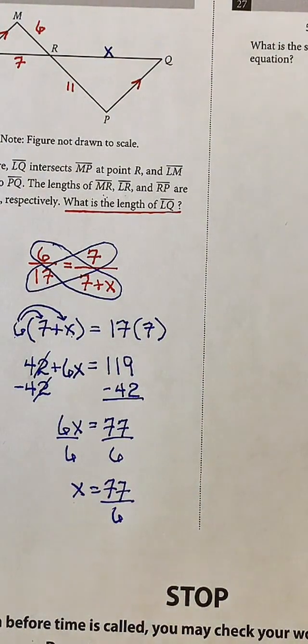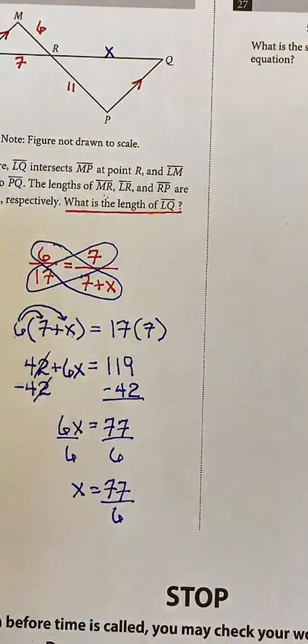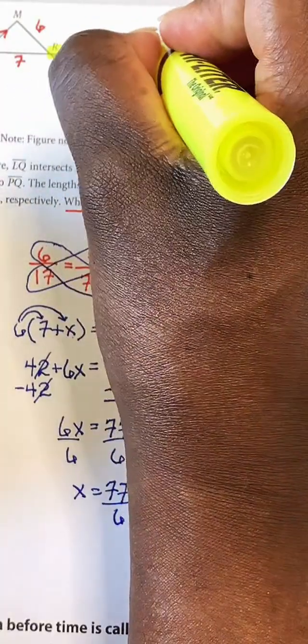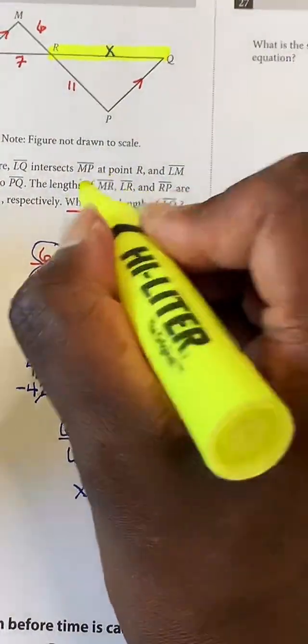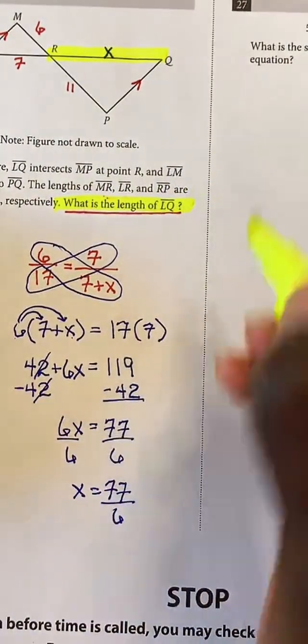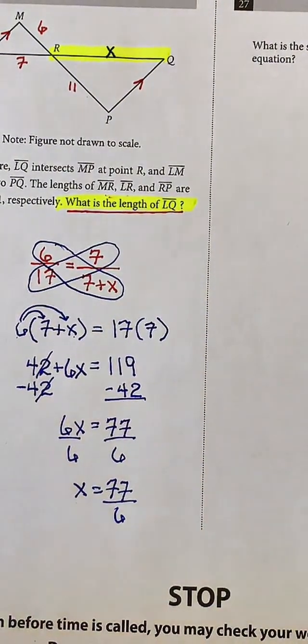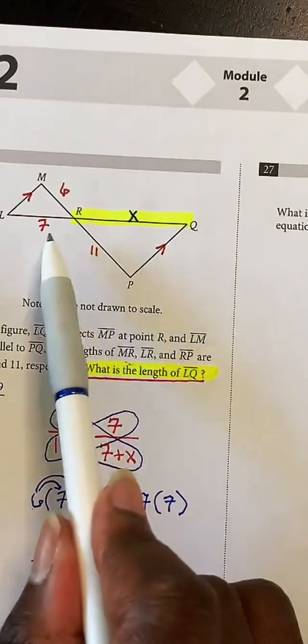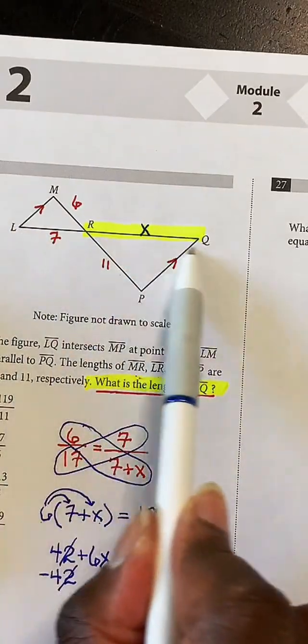Good. We found the x. We found the part. We found from R to Q. But they want us to find the length of L to Q. So we only found the part. We need to find this whole entire thing.